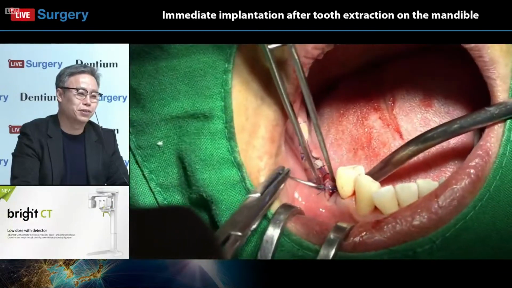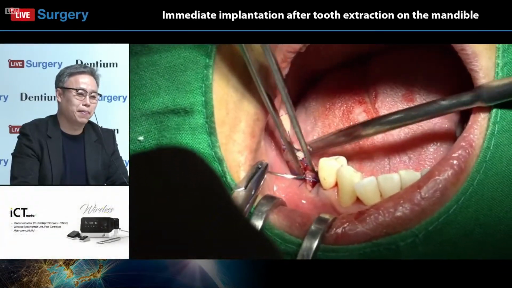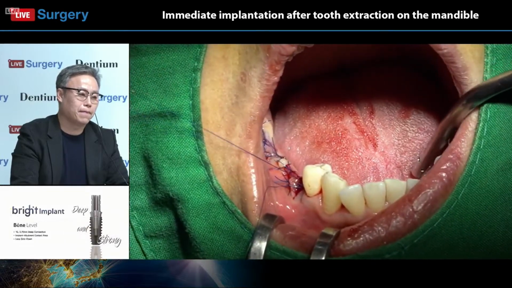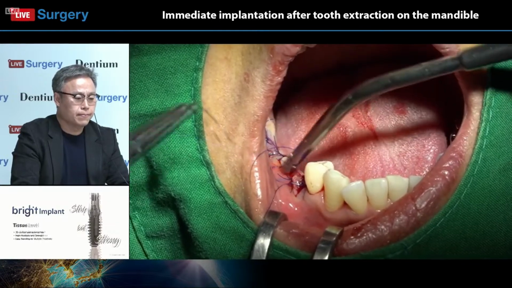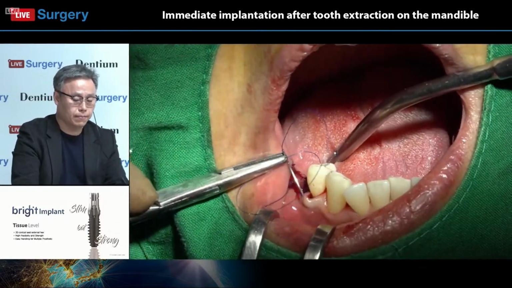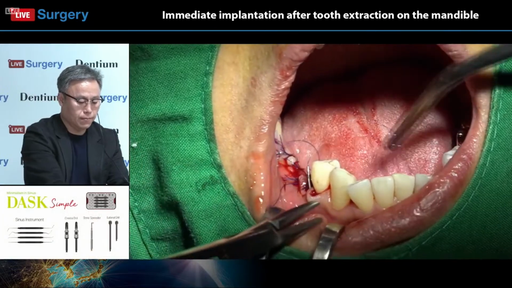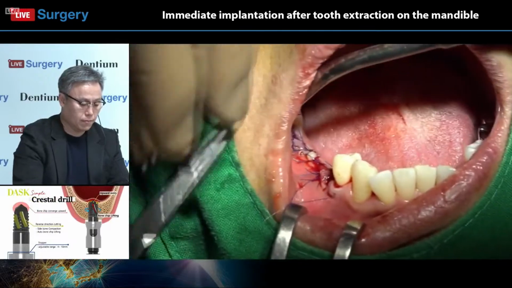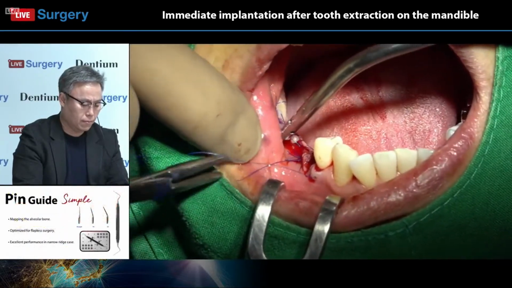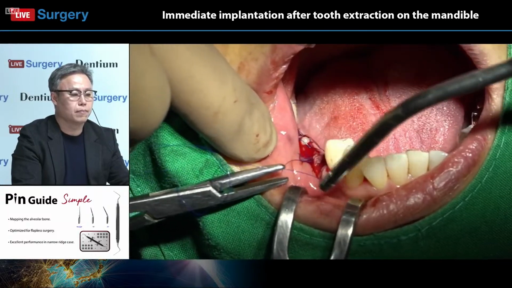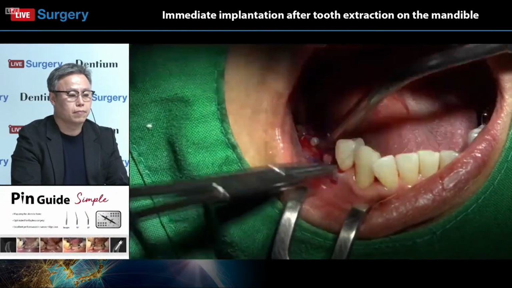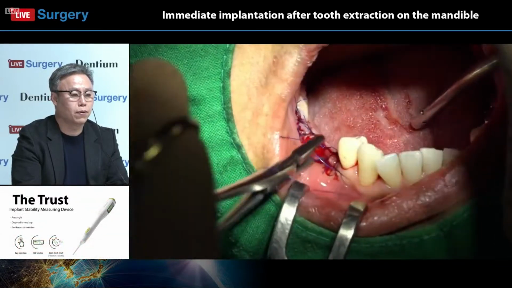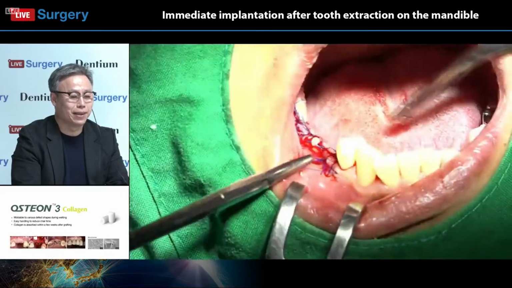One more suture. Yeah, probably, hopefully this will be the last suture.